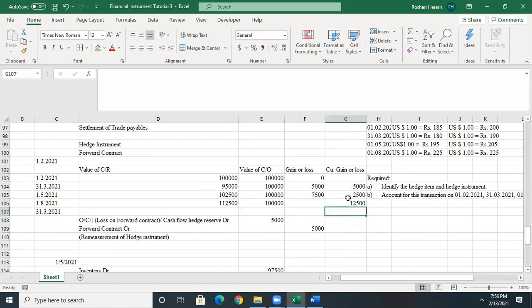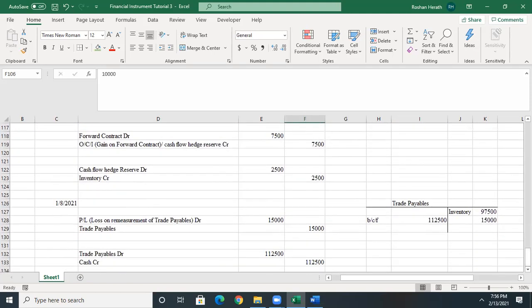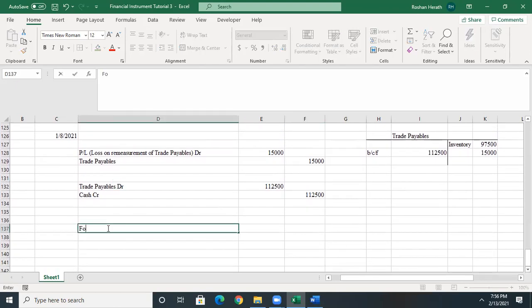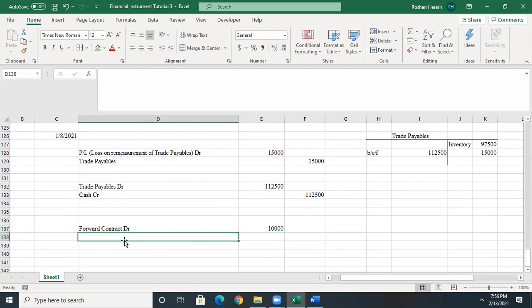Then how can you make this 2,500 to 12,500? Just put 10,000 gain. So this is the remeasurement gain, 10,000, and you need to take that to the forward contract. So forward contract, debit 10,000 and credit that to this time.